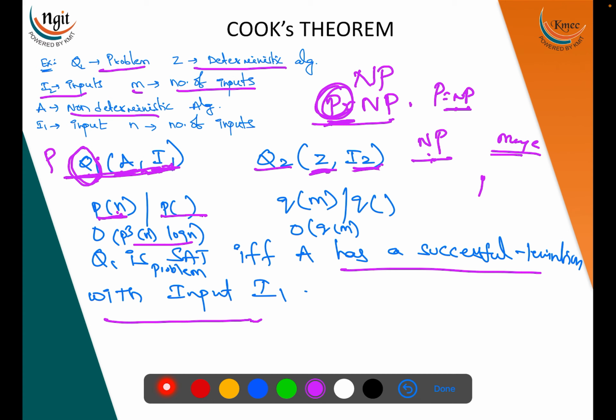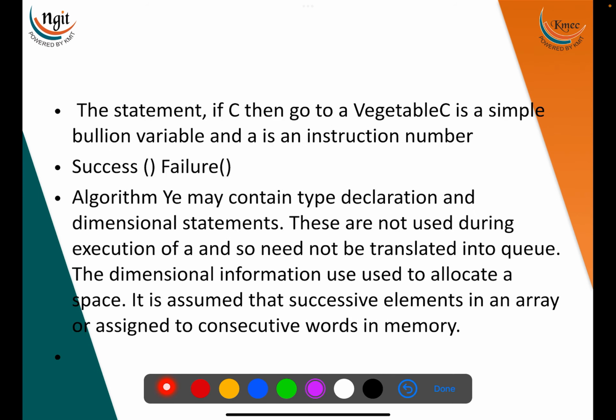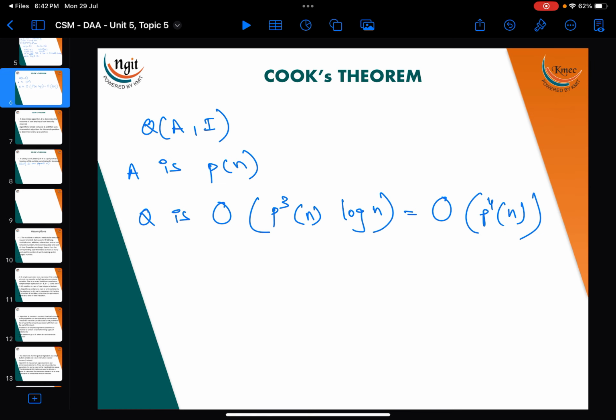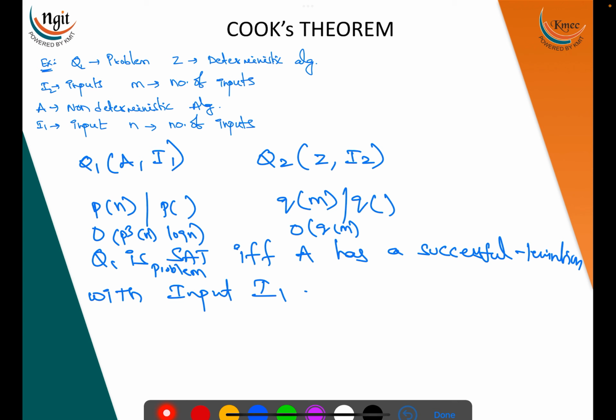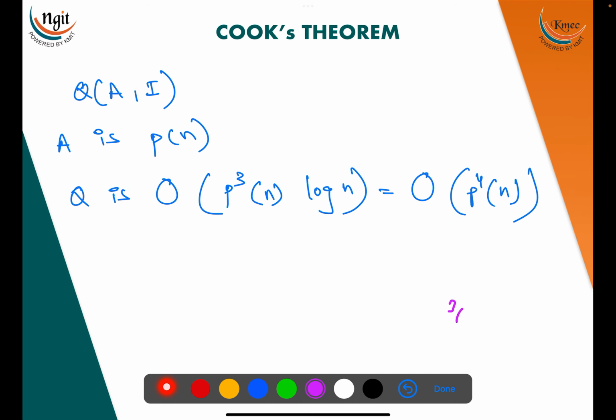Now this algorithm Z simply computes Q and then uses the deterministic algorithm for the satisfiability problem, and the complexity is what? Big O of P cube of N log N plus Q of P cube of N log N.